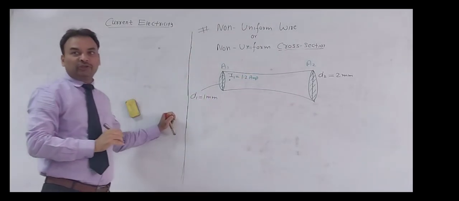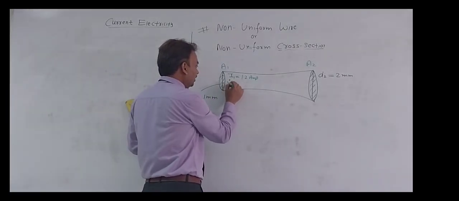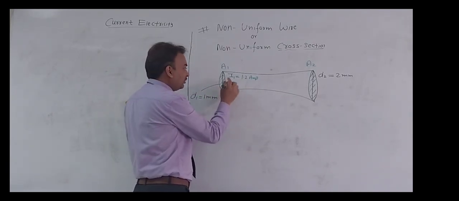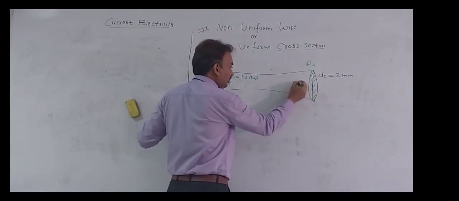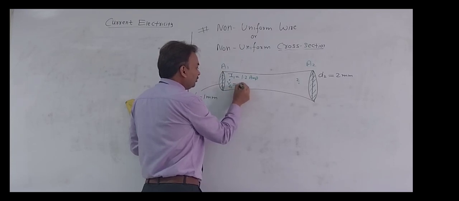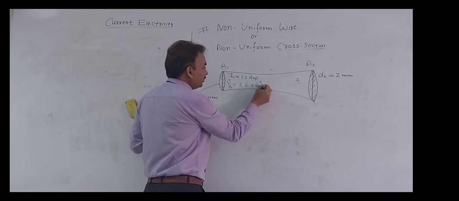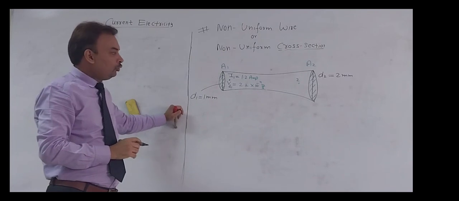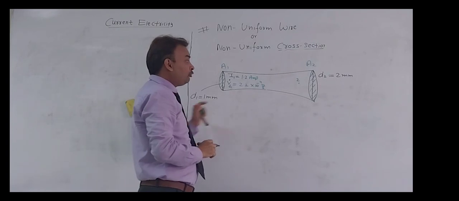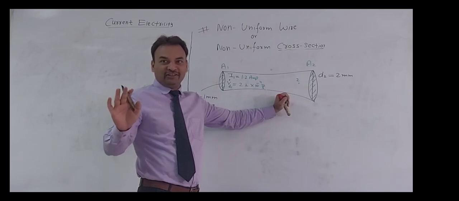And the drift speed at this point, VD1, because I am considering this point as 1 and this point as 2, so drift speed at point 1, VD1, is equal to 2.2 multiply 10 to power minus 4 meters per second. So find out the current and drift speed at point 2. This is the question.